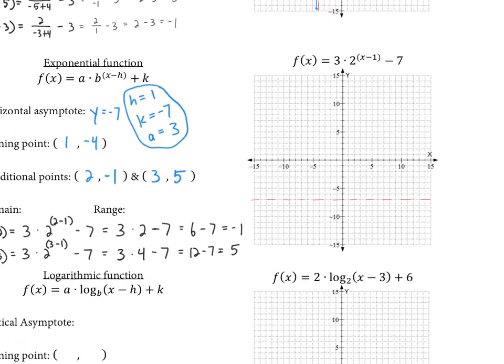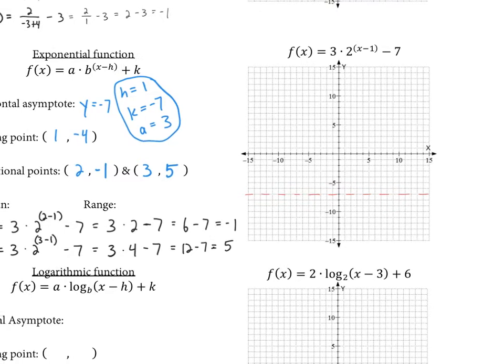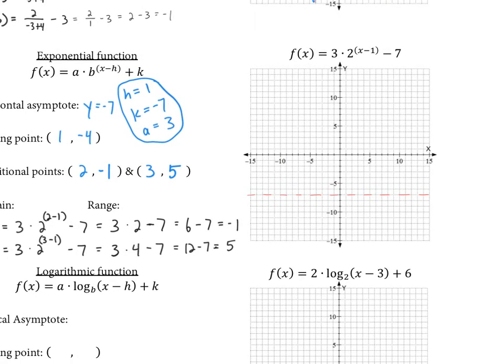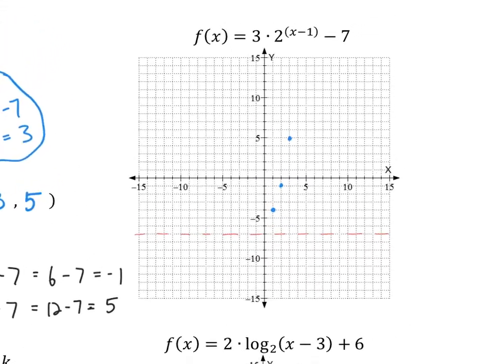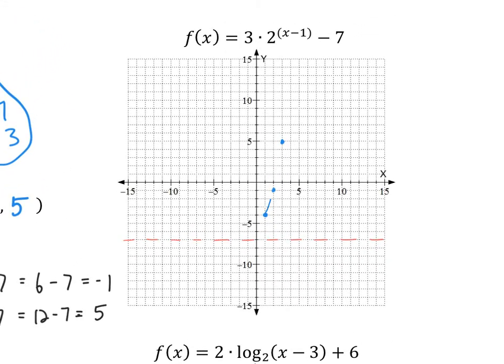Turning point is 1 comma -4. Additional points 2 comma -1 and 3 comma 5, and then we just graph it. So from the turning point, it goes up really fast through those points, and then it goes down really slowly towards the asymptote.